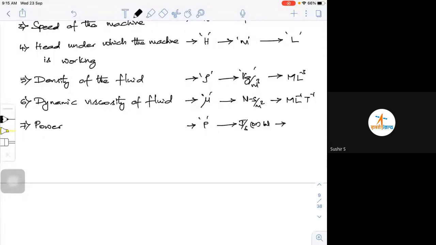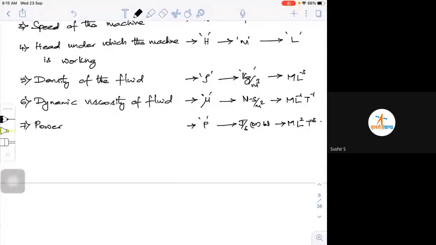The corresponding non-dimensional unit will be M L square T to the power of minus 3. Joule is nothing but Newton meter, so this will become Newton meter per second. Newton is once again mass and acceleration, that is kg meter per second square. So if I try to simplify all those things.